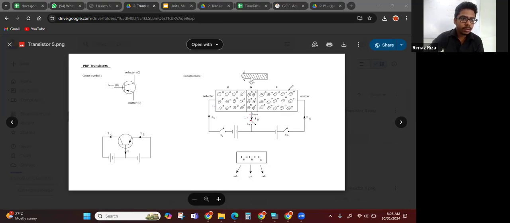You can see here, this is P type and this is N type. Here the positive terminal is connected to P and the negative terminal is connected to N, so this is forward biased. The BE junction is forward biased, and the BC junction is reverse biased because the positive terminal is connected to the N side and the negative side is connected to the P side.